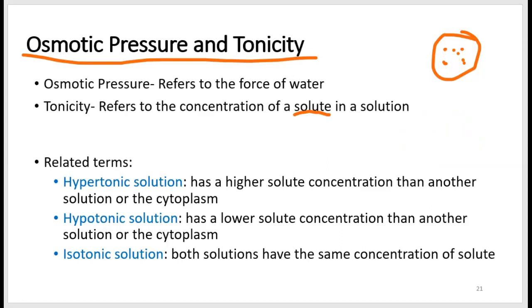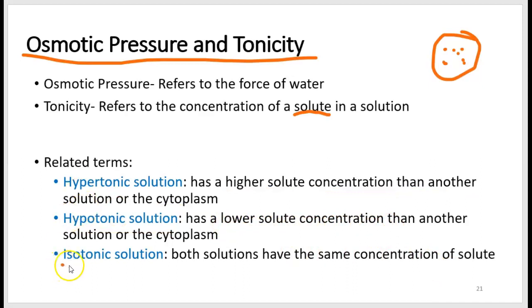A hypertonic solution has a higher solute concentration than another solution or maybe the cell's cytoplasm. You always have to define what two regions you're talking about when you're comparing the tonicity of a solution. A hypotonic solution has a lower solute concentration than another solution or the cytoplasm.